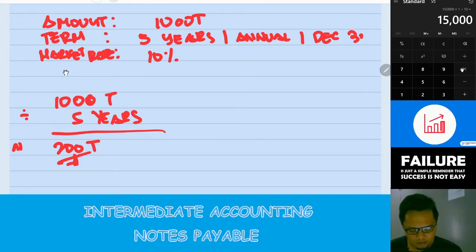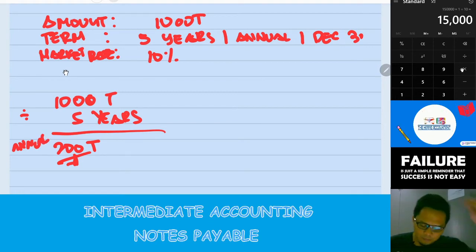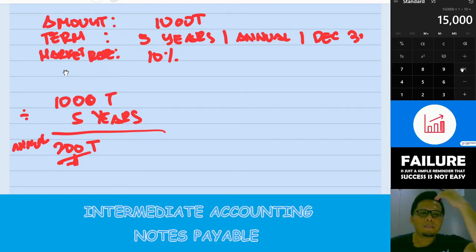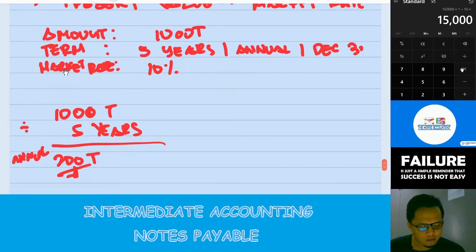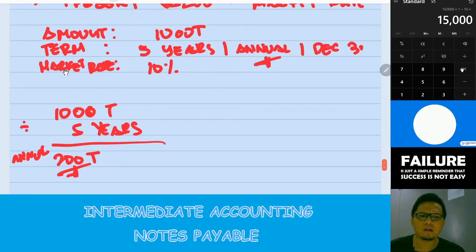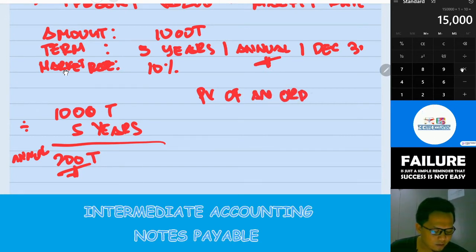Okay? That is your annual payment. The next procedure ngayon is to compute for the present value, which we will use because installment nga to, annual, present value of an ordinary annuity.